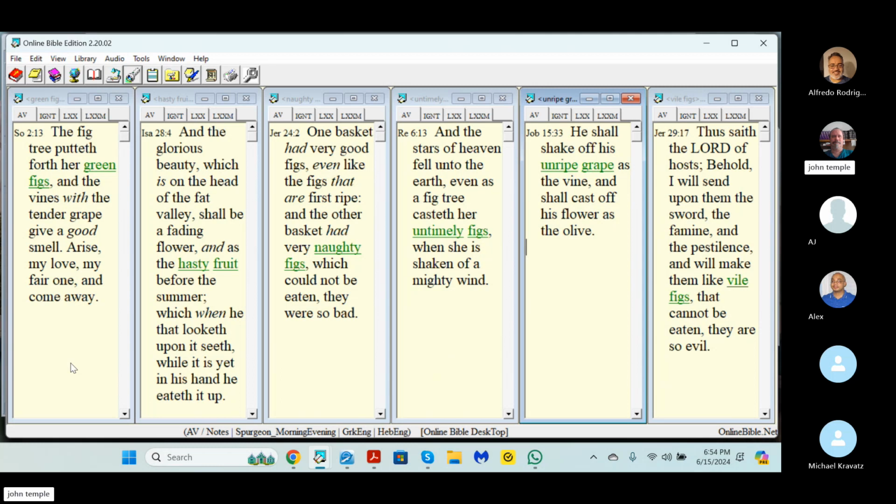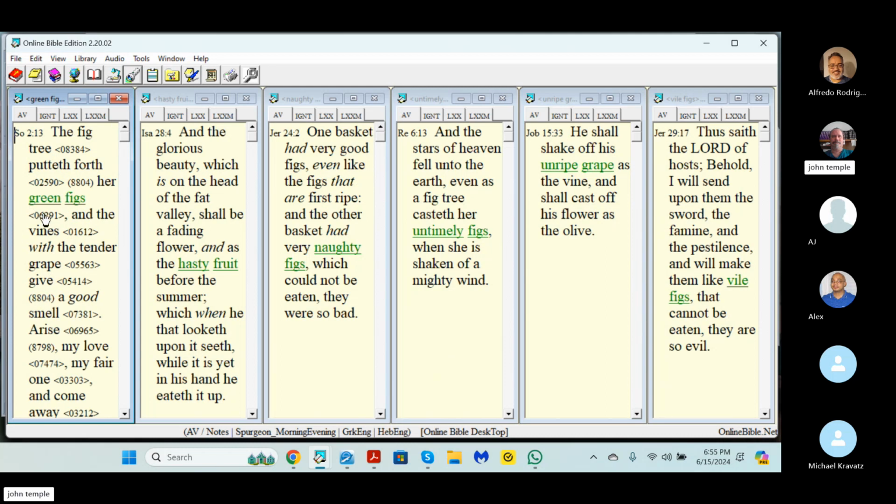And it says, the fig tree putteth forth her green figs, and the vines with the tender grape give a good smell. Arise, my love, my fair one, and come away. So it's about time, it's coming. We're getting ready. And then the 28:4, we looked at, let me see what the numbers are on this.